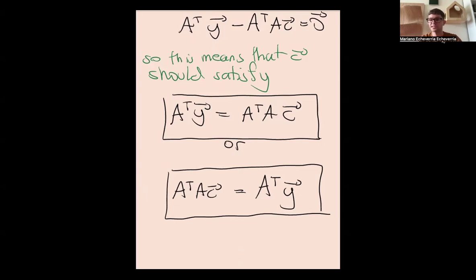So if you want to find the coefficients that give you the polynomial, you solve these equations. Is that making sense?